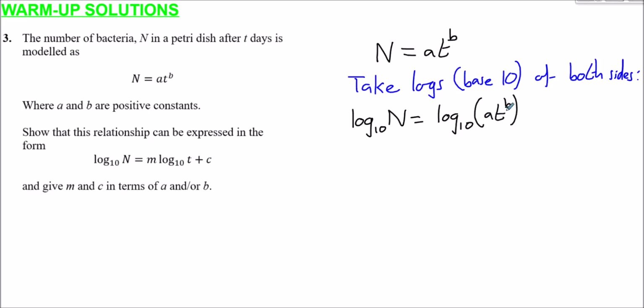Now a and t to the power b is a product, so we need to remember that when we're taking the log of a product, that's the same as the log of the individual components.